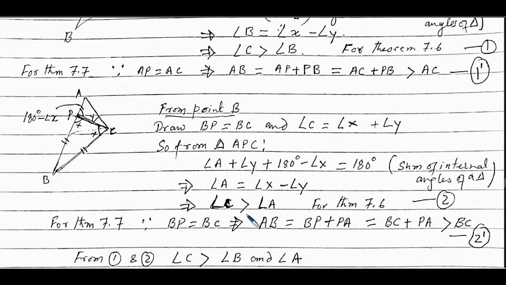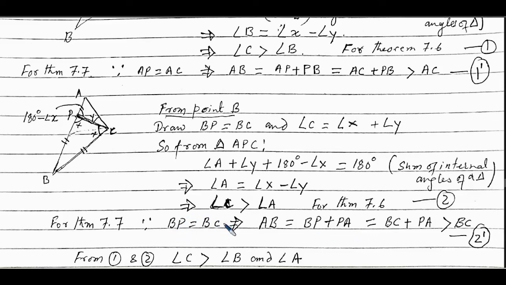So this is for Theorem 7.6. This is angle C is greater. We proved earlier angle C is greater than B. Now we have proved angle C is greater than angle A. Now we have to prove Theorem 7.7, where BP is equal to BC. So AB is equal to BP plus PA. But BP is BC.